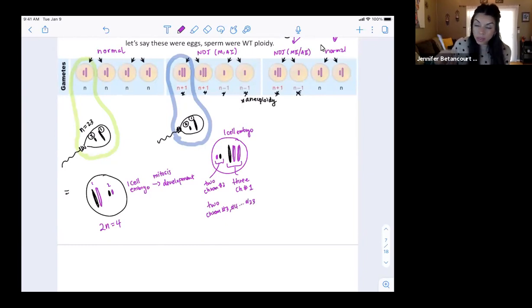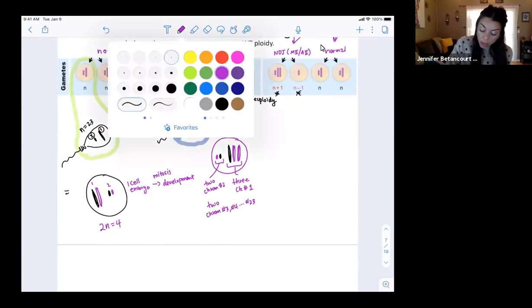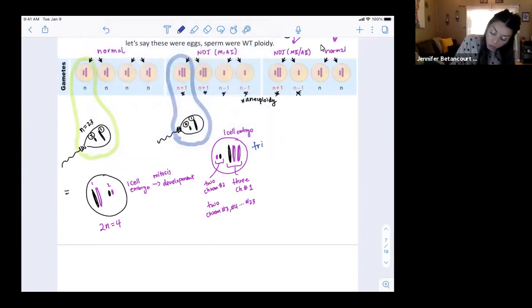Okay. So this embryo we describe as tri, because there's 3 of them, somi, because chromosome, trisomy 1. Okay. So anytime you have 3 of a chromosome when the organism is supposed to be diploid, we call it trisomy, whatever the number is.